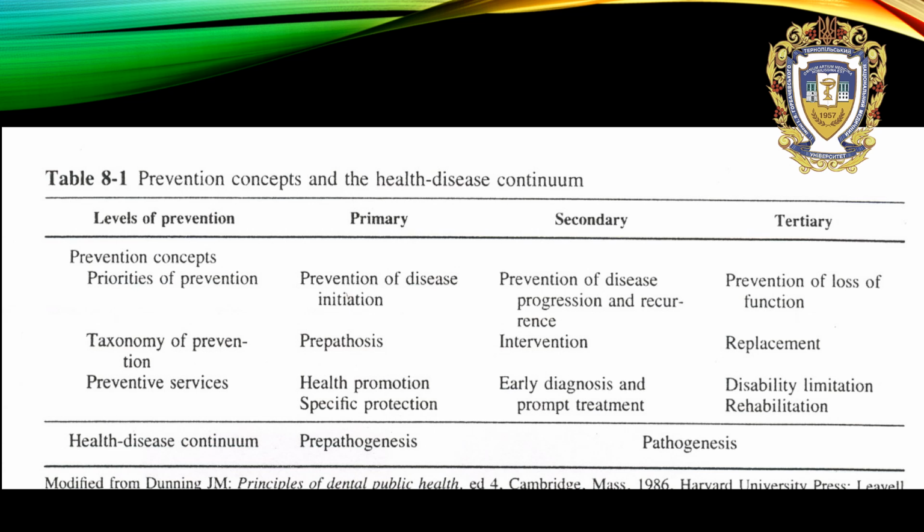Priorities of prevention: in the primary level of prevention it will be prevention of disease initiation. In the secondary level of prevention, it will be prevention of disease progression and recurrence. And the priority of prevention in the tertiary level of prevention will be prevention of loss of function.